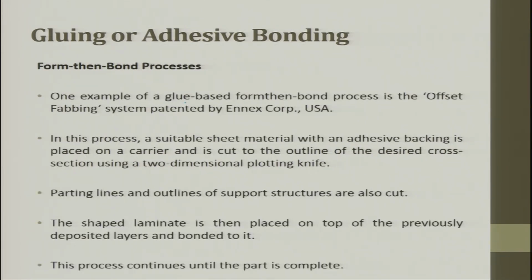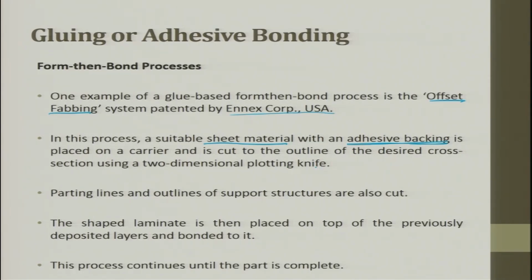One example of the glue based form then bond process is the Offset Fabbing system patented by NX Corp USA. In this process, a suitable sheet material with an adhesive backing is placed on a carrier and is cut to the outline of the desired cross section using a 2-dimensional plotting knife.